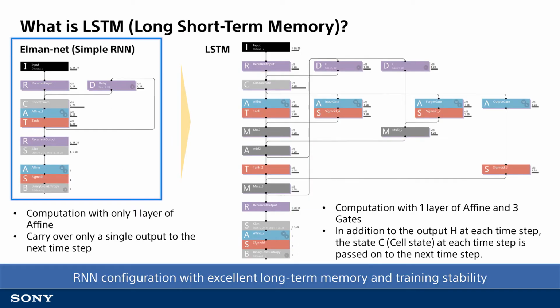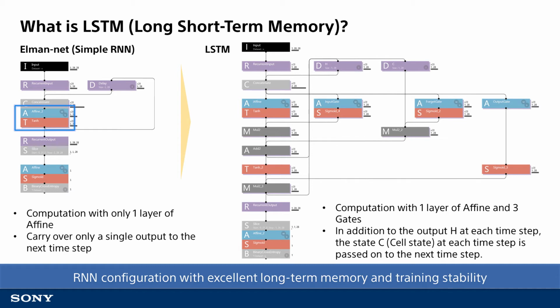The simplest RNN structure described in the video What are Recurrent Neural Networks is called Elman-net or simple RNN. Each time step is processed by one layer of affine, linear transformation and activation function only, and what is passed on to the next time step is the computation result of each time step itself.